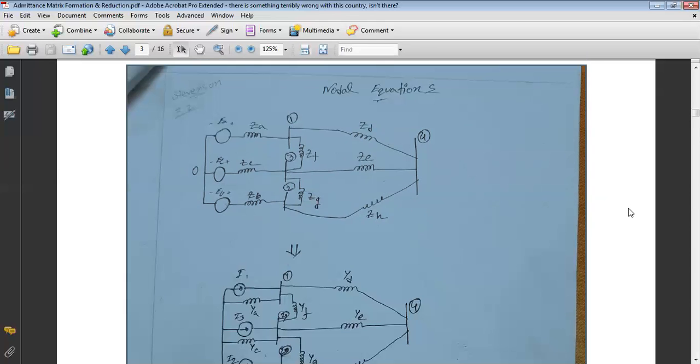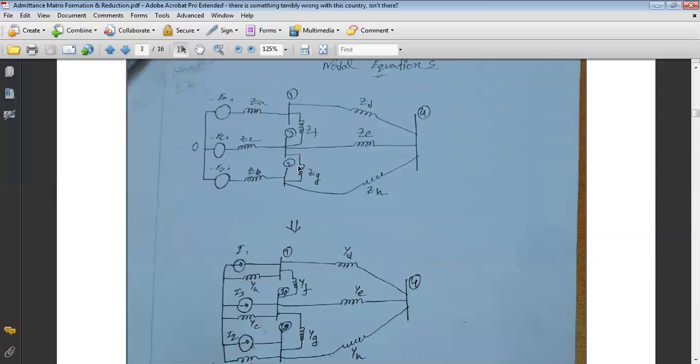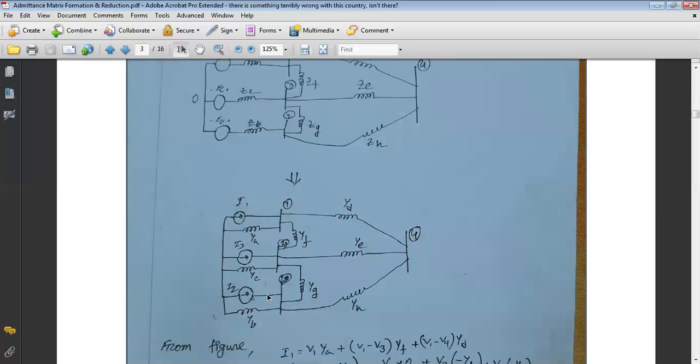Now we have to formulate the bus admittance matrix. For that reason, we have to convert this impedance diagram to an admittance diagram. Whenever we convert this, the voltage source is converted to a current source, and the series impedance is converted to a parallel admittance, because this is a basic source conversion.